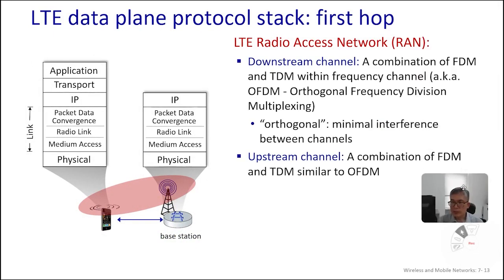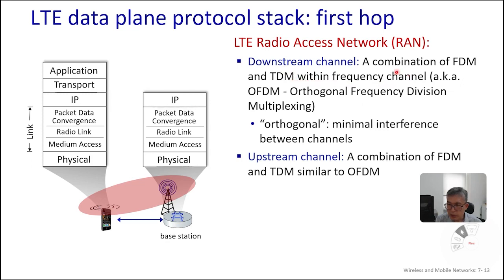Okay. Here, the LTE radio access network, the downstream channel and the upstream channel. Downstream means from the base station to the UE, so the UE receives data packets from the base station. In that case, the downstream channel is used. In the downstream channel, a combination of FDM, frequency division multiplexing, and TDM, time division multiplexing, is used within a frequency channel.